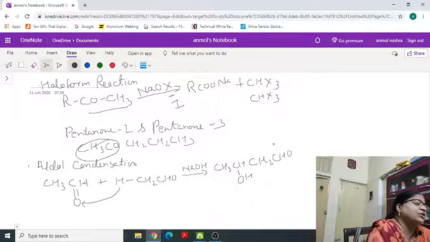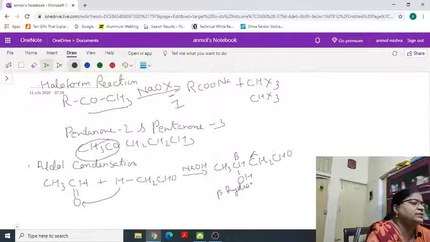So it is known as beta hydroxy aldehyde. How is it beta hydroxy? The carbon attached to this functional group is called the alpha carbon, and the carbon adjacent to it is called the beta carbon. So it is called beta hydroxy aldehyde, aldol, and this undergoes dehydration.